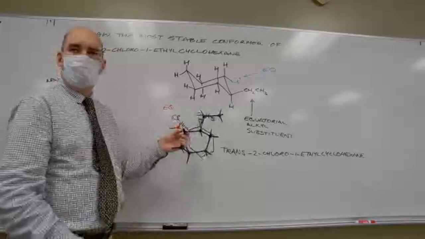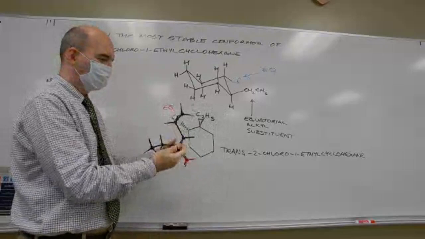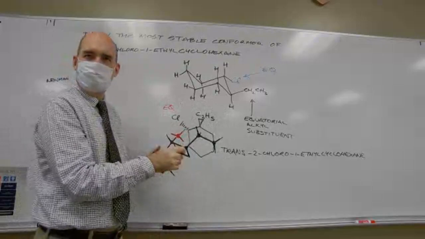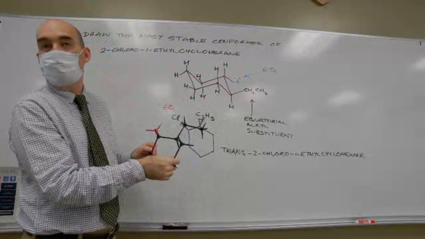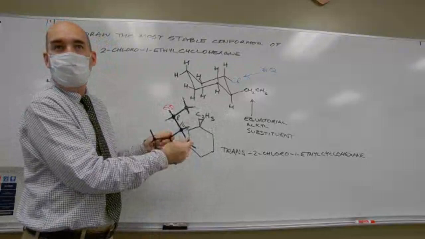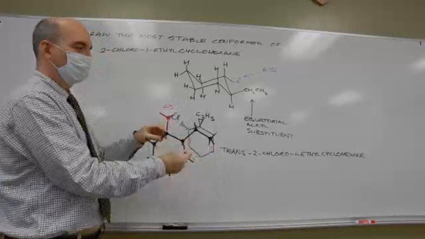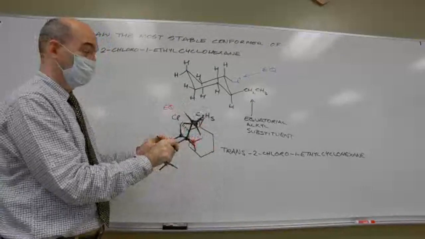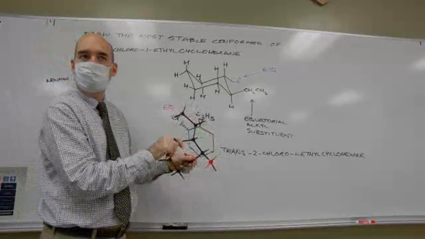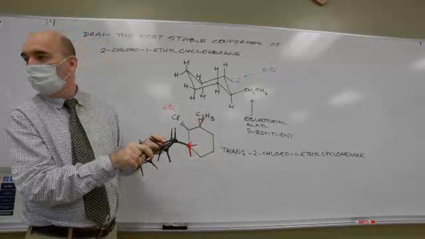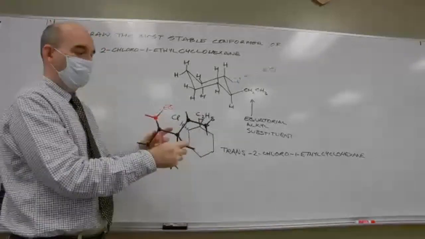This is the molecule that's shown on the board. If I flex this and rotate it, can I turn this trans isomer into the cis isomer? That's a yes/no question for those of you playing at home. Can I make the trans 2-chloro-1-ethyl cyclohexane become the cis 2-chloro-1-ethyl cyclohexane by doing a conformational change? No, exactly.